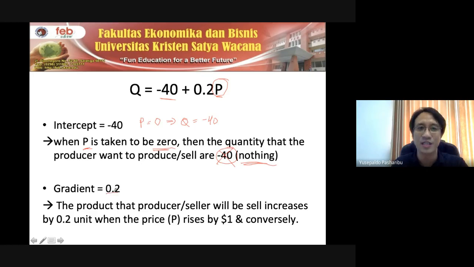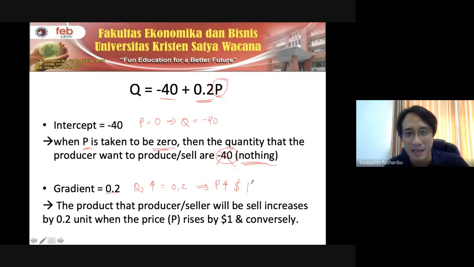And then the next one is the gradient. The gradient is 0.2 in front of the variable P. So the quantity that the producer or seller wants to sell will increase by 0.2 when the price rises 1 unit. In this case, $1.